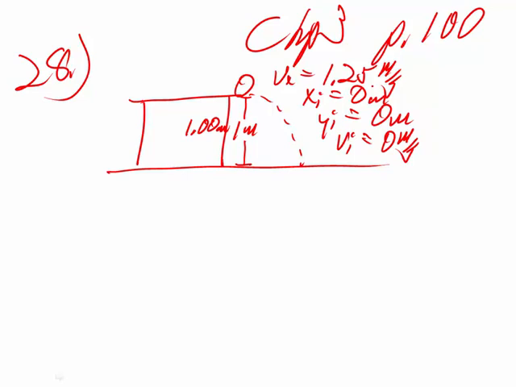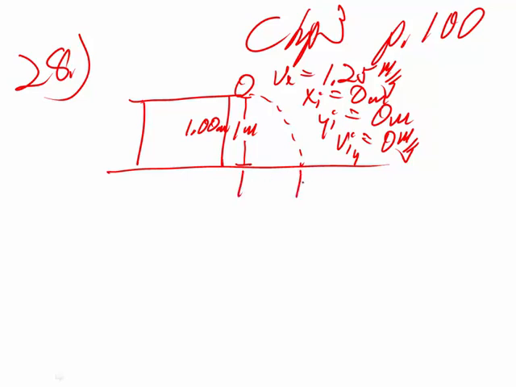You've got to remember your projectile motion: the x component of velocity, if we neglect drag, stays constant. So it's not going to change. And your initial velocity just as it comes off, this is vx, and this is v initial in the y, which is 0 meters per second. All right, so we want to know what?